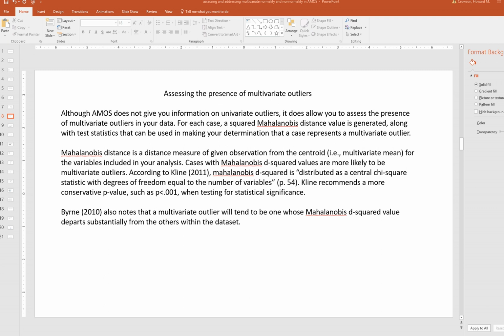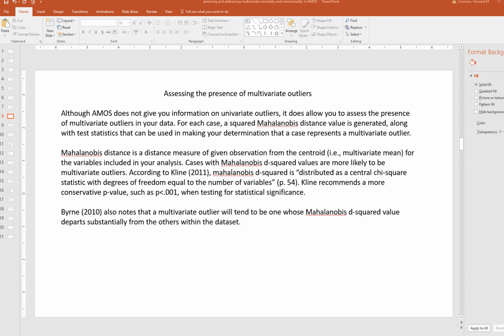Essentially the distance measure is called Mahalanobis distance, and actually we square that distance value, and we know that the Mahalanobis distance is distributed as a chi-square statistic with the degrees of freedom equal to the number of variables. So we can test the Mahalanobis d squared, or distance squared, using conventional statistical significance testing.